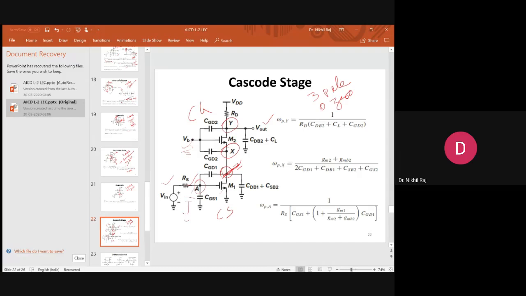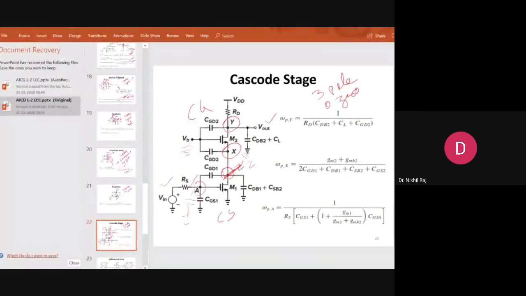And this x and this node where I have written z, they are both equal to each other, because it is a shorted part, sorry for the misspelling. X and z are at the same point, so total nodes will be a, x and y, so three nodes, three poles will be there. Okay, any more doubts in this slide?